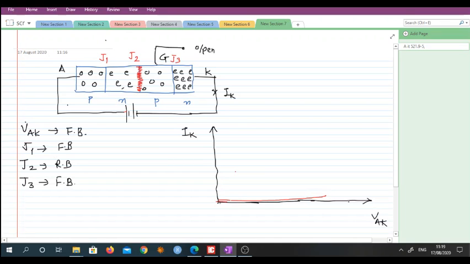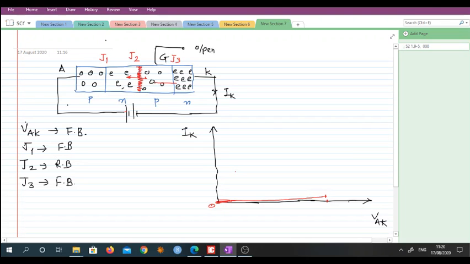But once this particular level is reached, it starts from zero. So when this level is reached, what will happen? Once these electrons get sufficient, very high kinetic energy, they will break this wall and come out of this region.